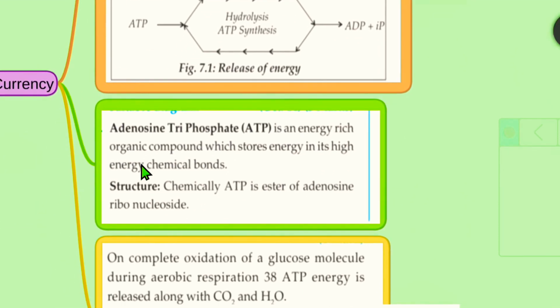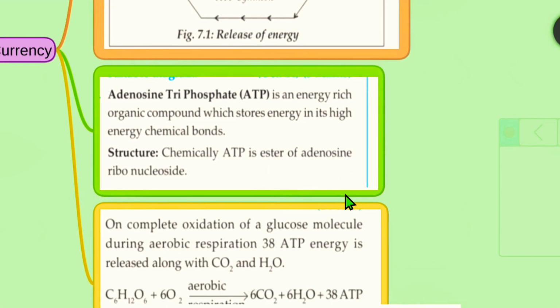Adenosine triphosphate is an energy rich organic compound which stores energy in its high energy chemical bonds. Chemically, ATP is an ester of adenosine ribonucleoside. It is important. ATP is an ester of adenosine ribonucleoside.